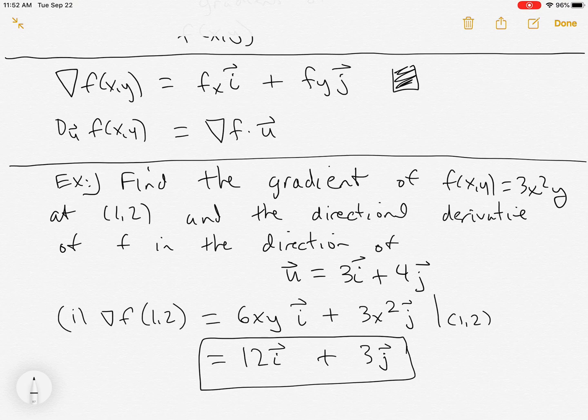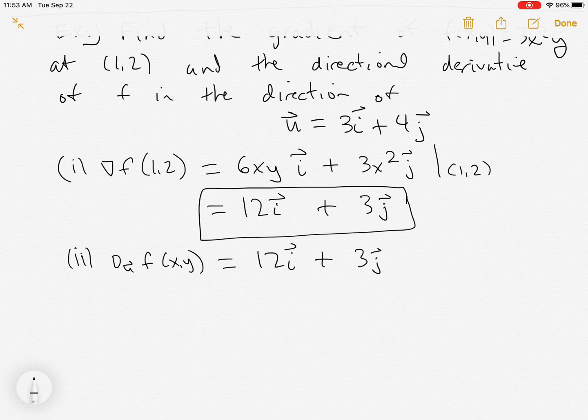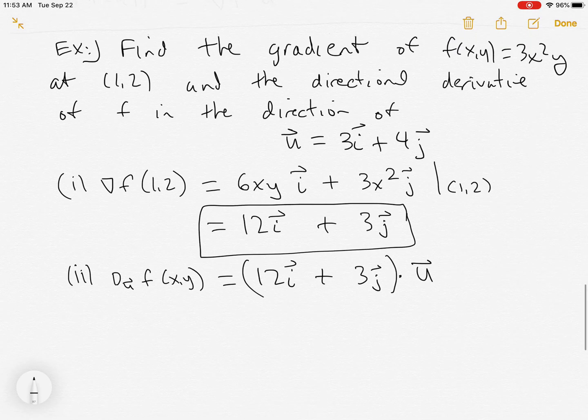Now everyone listen closely. This is where a lot of mistakes happen. Part 2 says we want to find this guy, and this is the dot product of this guy dotted with u. Let me fix something here.